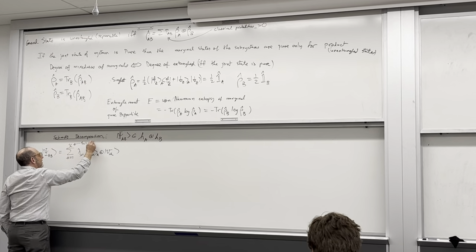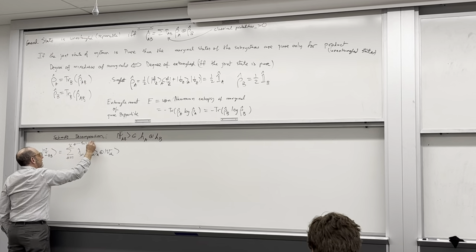And the marginals are given as such, also known as the reduced density operator, where this is the square of the Schmidt numbers.